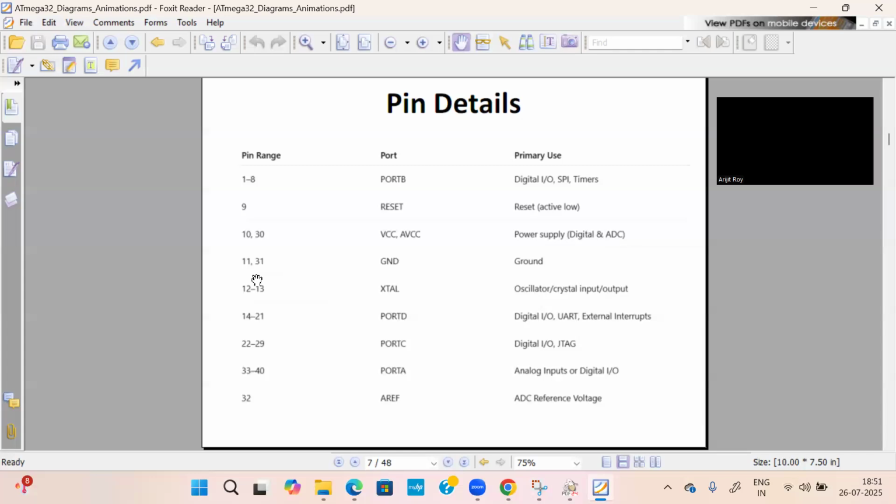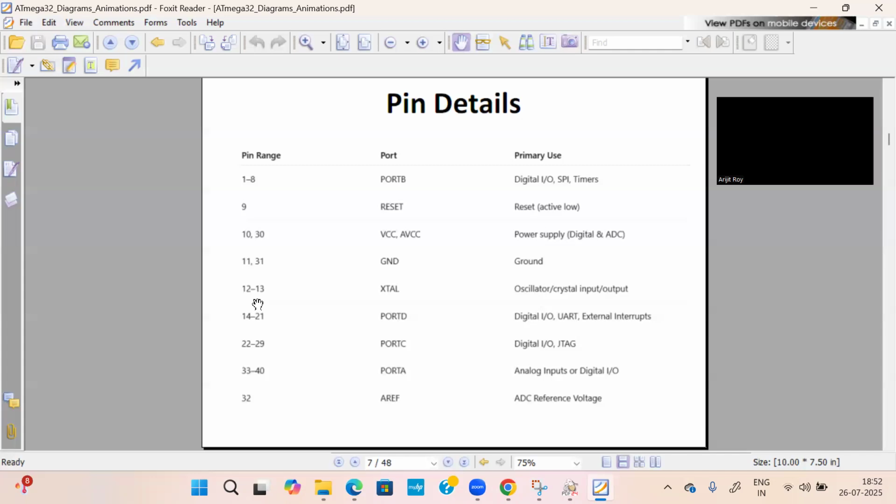Next, pin numbers 12 and 13 are used for the oscillator, or you can say the crystal input output, crystal oscillator input output. When I give any clock signal, I need these pins to give the clock signal.